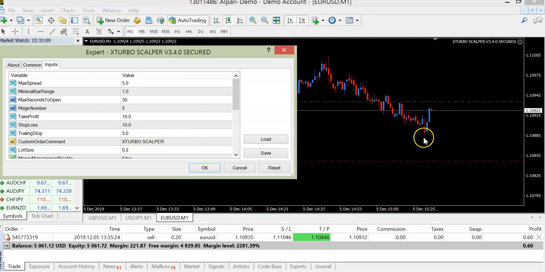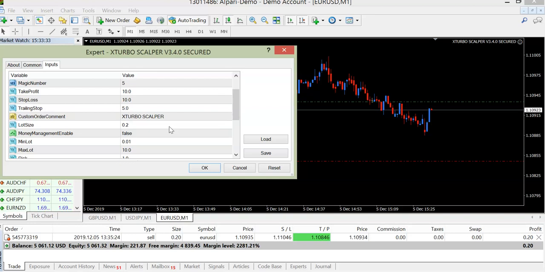So here it was very close, but it didn't reach. Lot size is 0.2 because I have $5,000. If you have maybe $1,000, do not go over maybe 0.1 maximum.